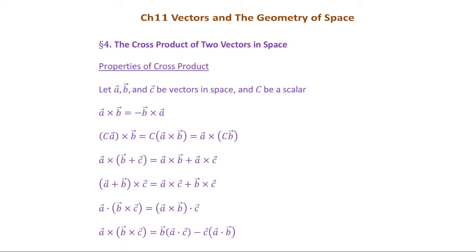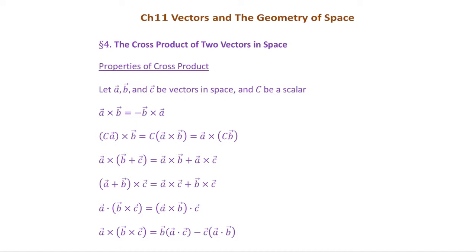All right. And the last formula is a little more tricky. We have two cross products. We do B cross C first, and then we do A cross (B cross C). So B cross C gives you a vector.